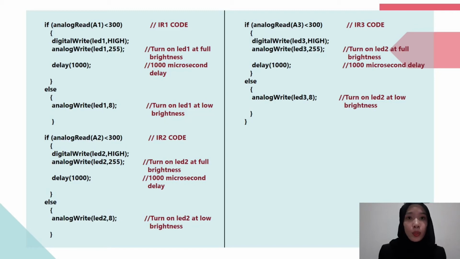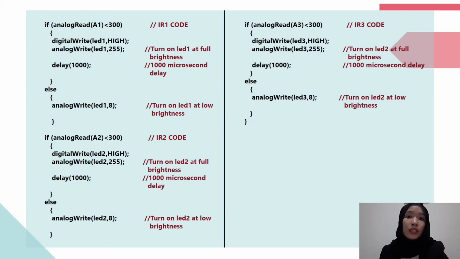In this loop, we use the same code, which is digitalWrite LED1 to HIGH, which turns on LED1, and then analogWrite LED1 to the value of 255, which means the LED will light up at full brightness. For the else statement, where the value of IR1 is not less than 300, it will set analogWrite LED1 to a value of 8, which keeps it at low brightness.